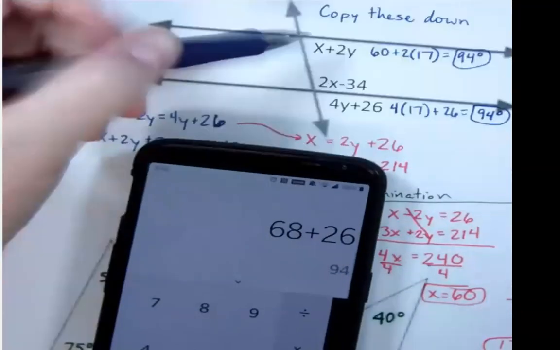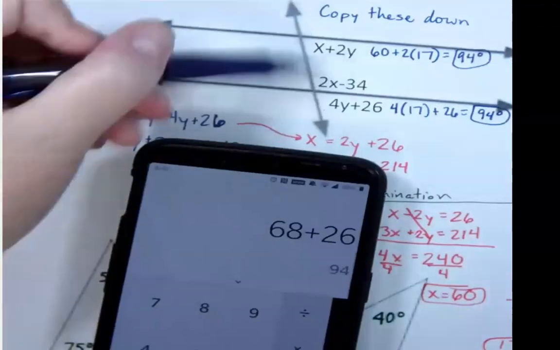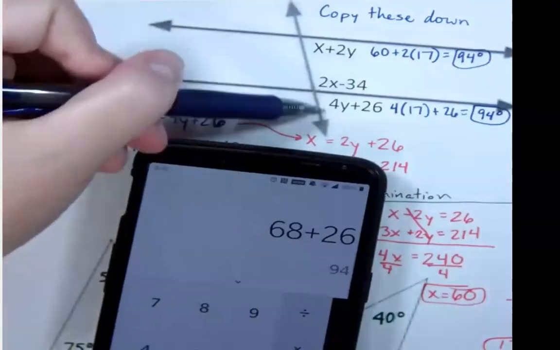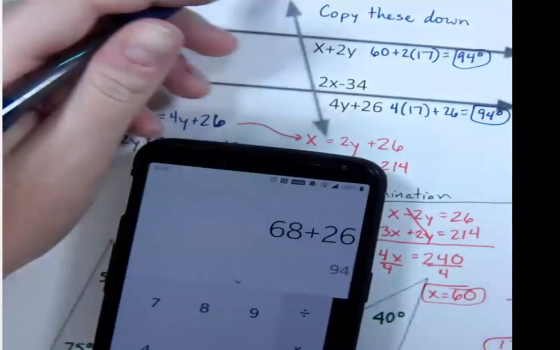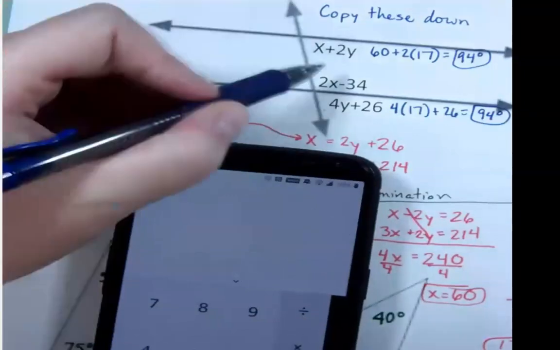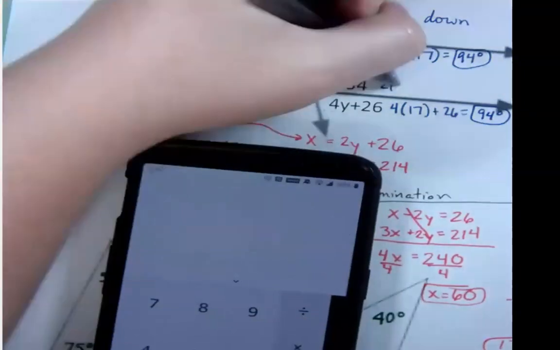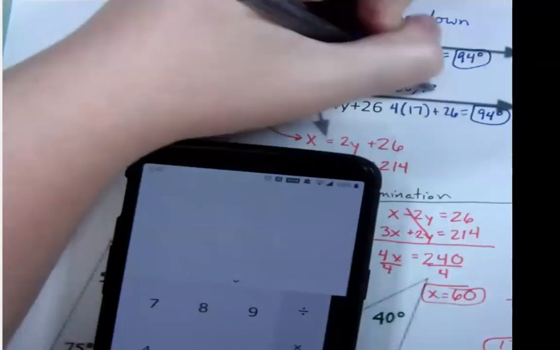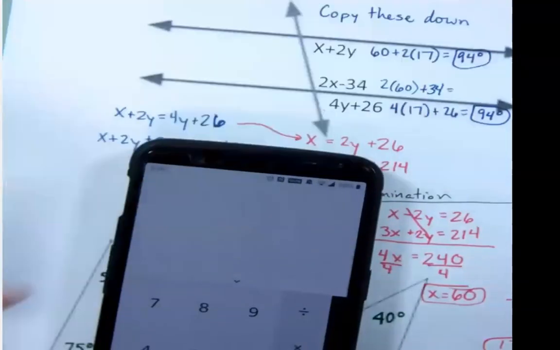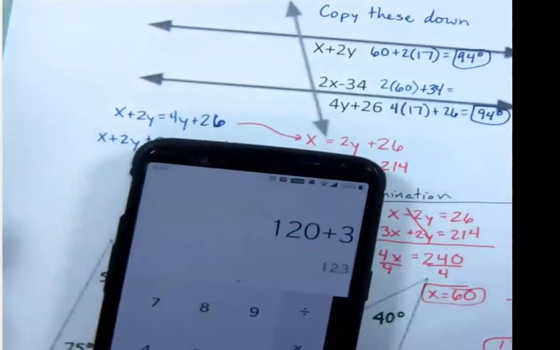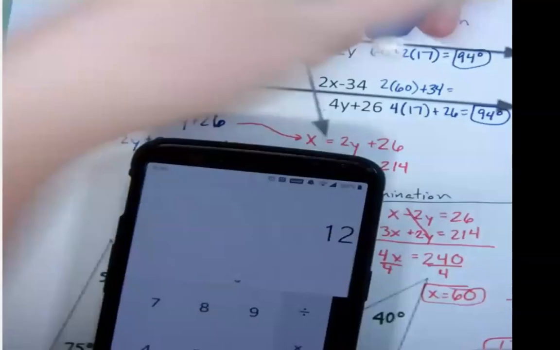These have to be the same or it doesn't work. And then this, 2 times 60 plus 34 equals, oh, it's minus, I was about to say, oh my gosh, this doesn't work. It's minus 34. That will work.